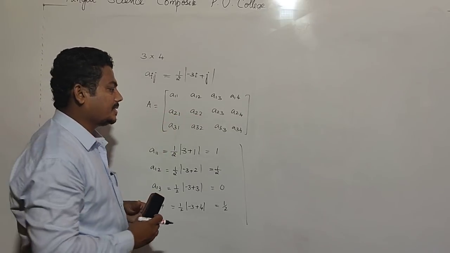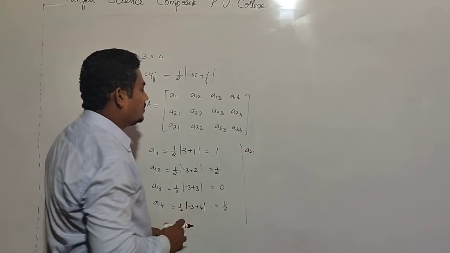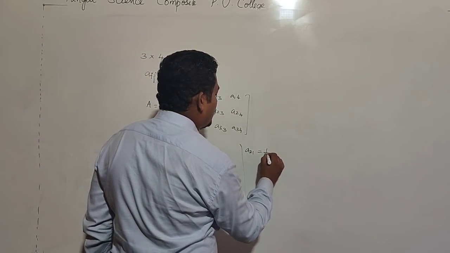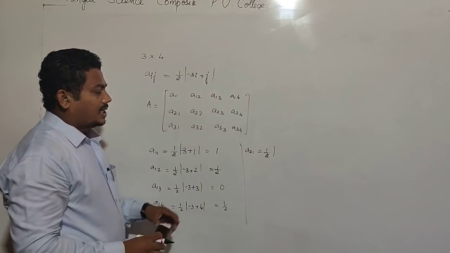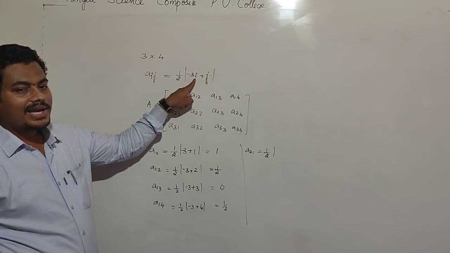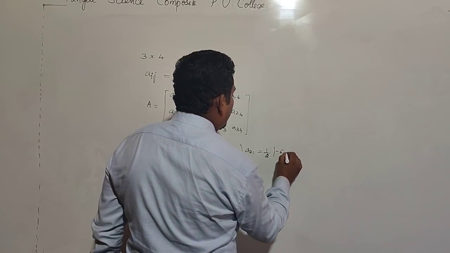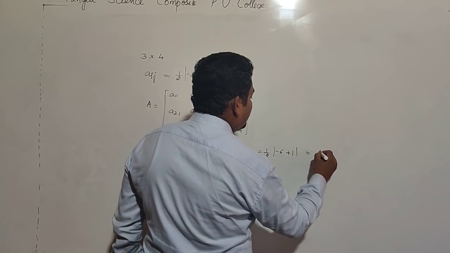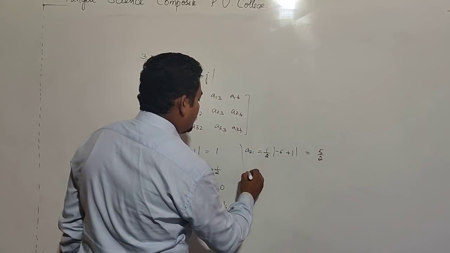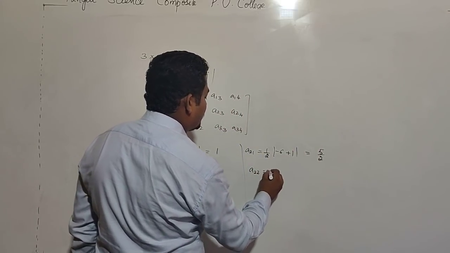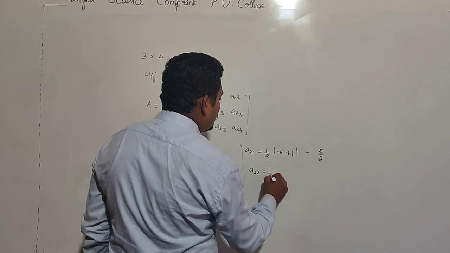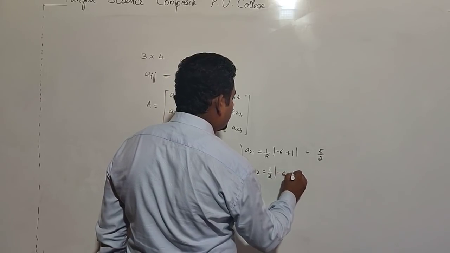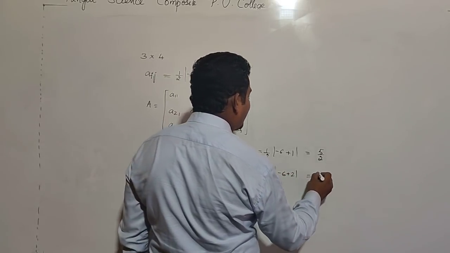Next, second row elements. A21: just find the A21 value. A21 is 1 by 2 times modulus of, I value 2 means we get minus 6, minus 6 plus 1 because J value is 1. After simplification it will be 5 by 2. Next A22: 1 by 2 times modulus of minus 6 plus 2 is equal to modulus of minus 4.